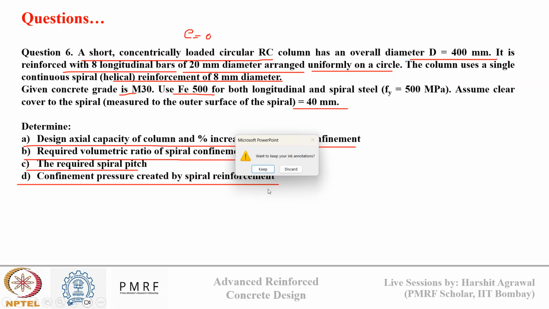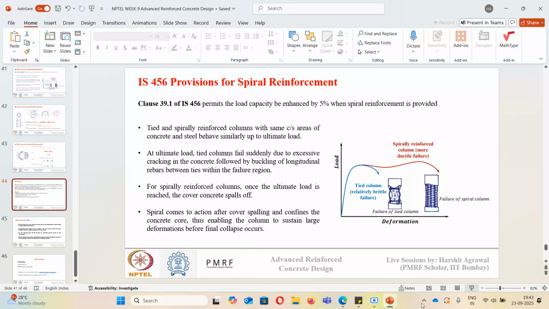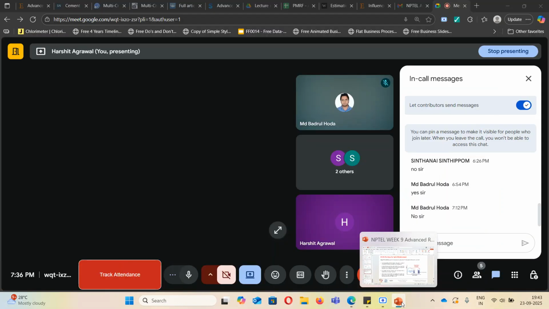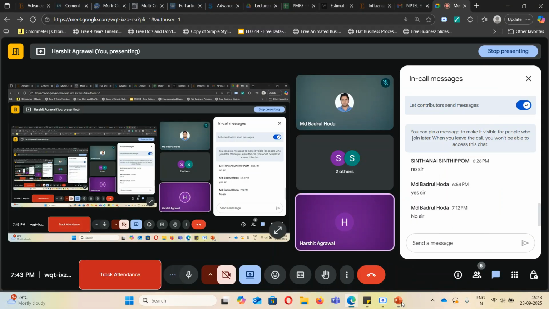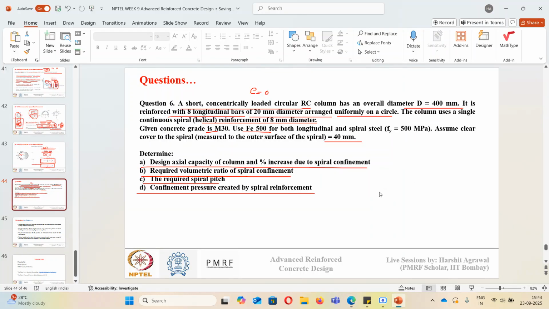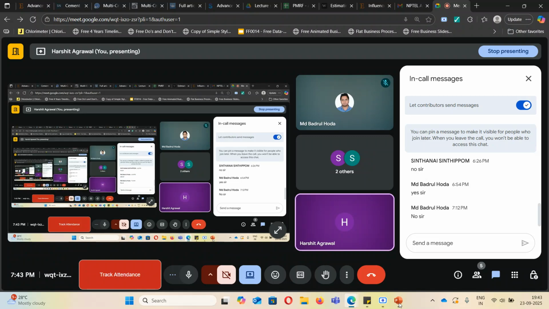Did everyone understand what we are talking about here? Any doubt in this final segment about spiral reinforcement? Can anyone tell me how you will do the calculation here now?